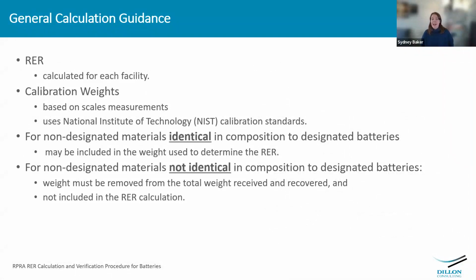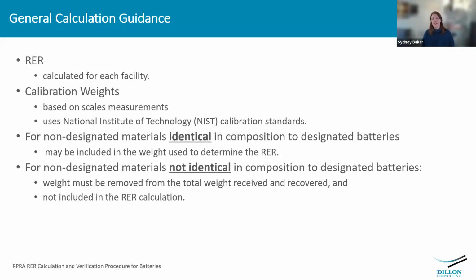Just on the general guidance, RER has to be calculated for each facility. If you're using a scale, it needs to be calibrated, and weights within the calculation should be taken from that calibrated scale. We've also put in here an allowance that if non-designated materials are identical in composition to designated batteries, they can be included in the calculation of the RER.